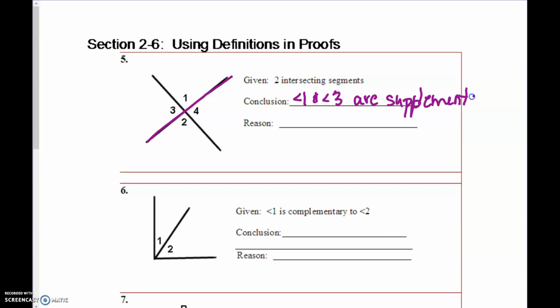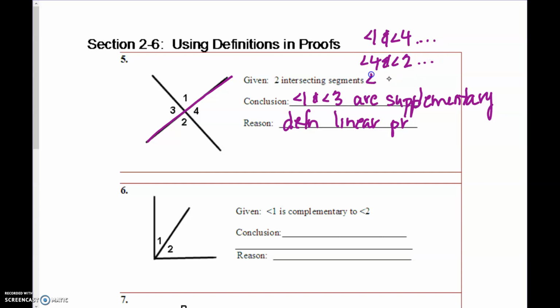Long word. And why can we say that? That's the definition of a linear pair. Now, we can not only say that for 1 and 3, you can also say that for angle 1 and angle 4, angle 4 and angle 2, and angle 2 and angle 3, and all the rest of it.